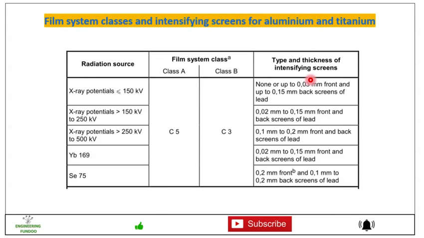Type and thickness of the intensifying screens for less than or equal to 150: none or up to 0.03 mm front and up to 0.15 mm back screens of lead. Similarly, there are other ranges given for the different types of radiation source for aluminum and titanium.